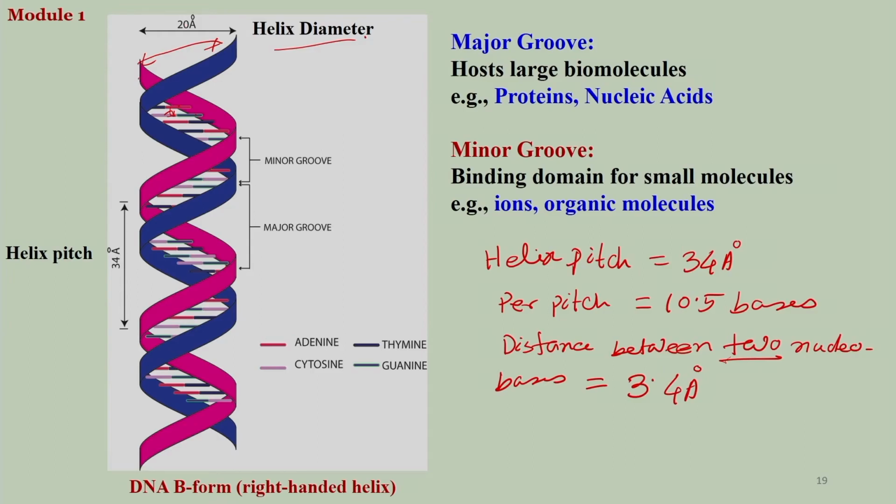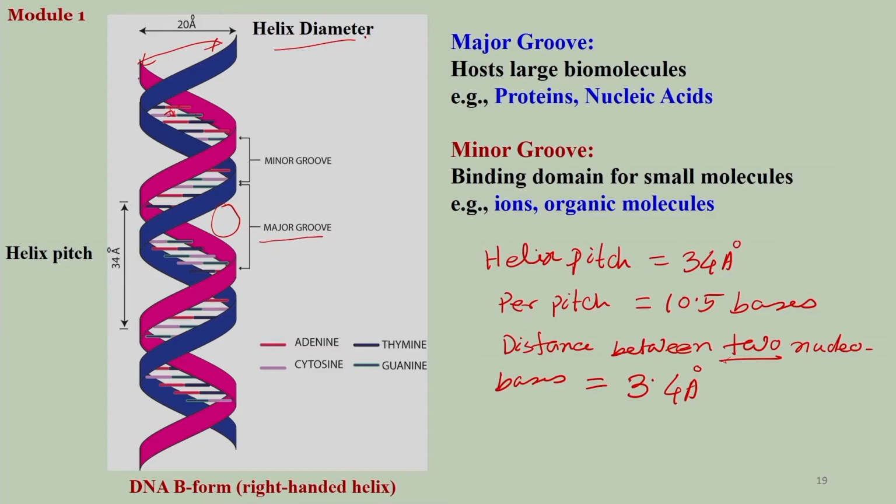And because of this structure, there are two important pockets that are formed within the DNA. This is the B form of the DNA that I am talking about, which is the most natural one. One is called the major groove, the other one is called the minor groove. So, if you see, it forms here a little bit larger pocket in the helix. This is known as the major groove, a relatively larger pocket.